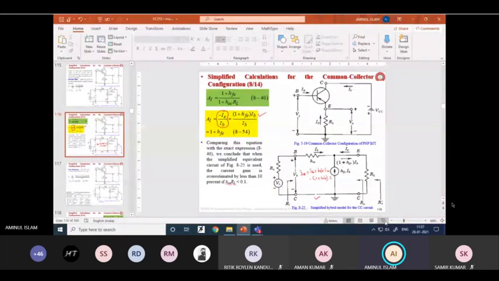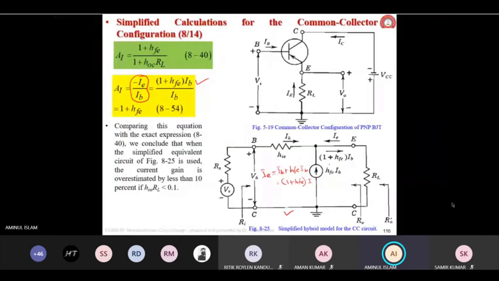So using this approximation model, we see that AI is calculated to be 1 plus HFE.